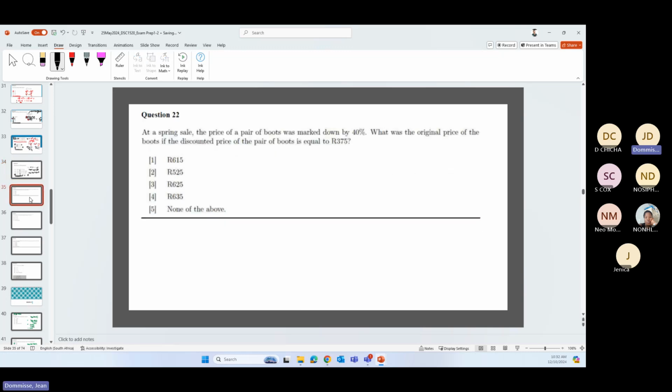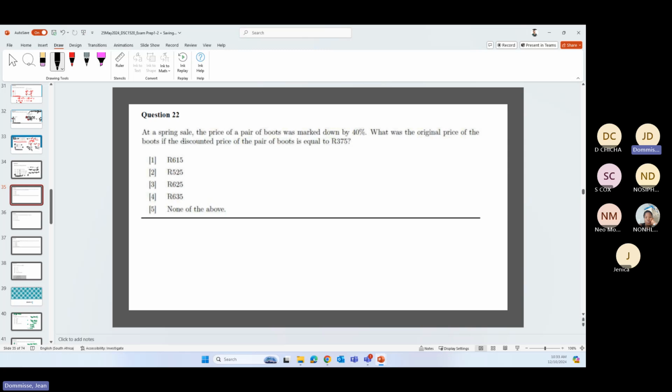Okay, then again, they throw in something that you don't really need to, that is also not normally part of your study units 1 to 7 or 8. Again, it's part of that last things.